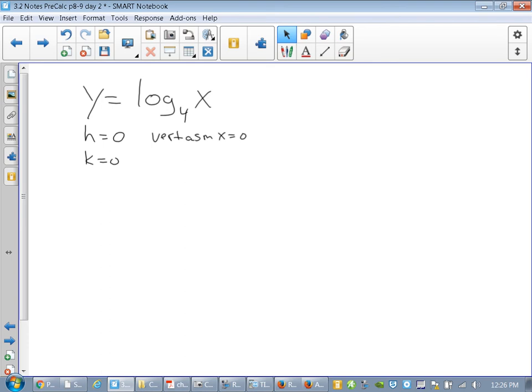so it's going to be at x equals 0. One of the things that we did before when we had asymptotes on the axes, one of the things you can do is just do this.